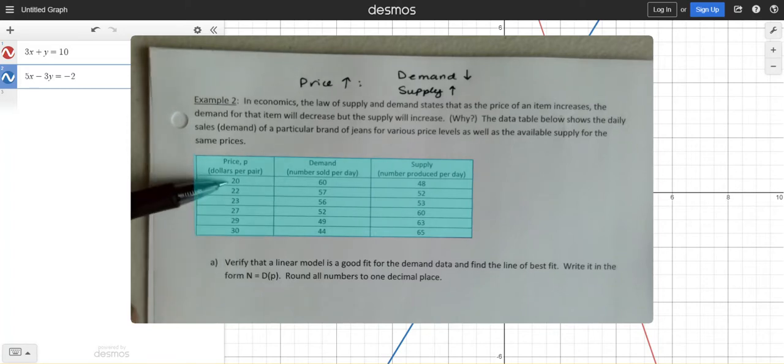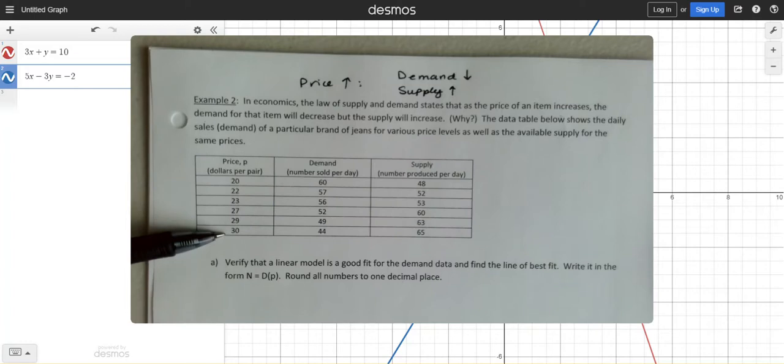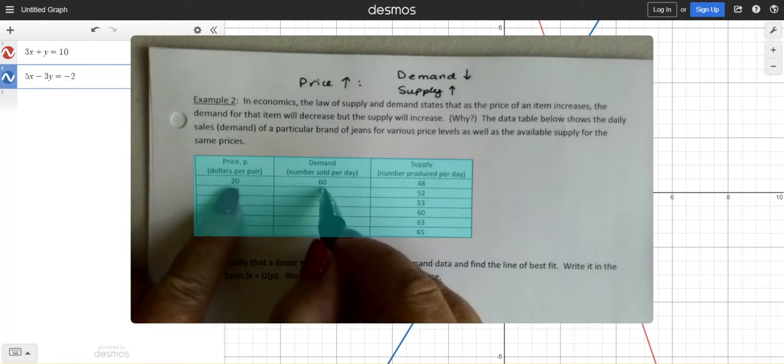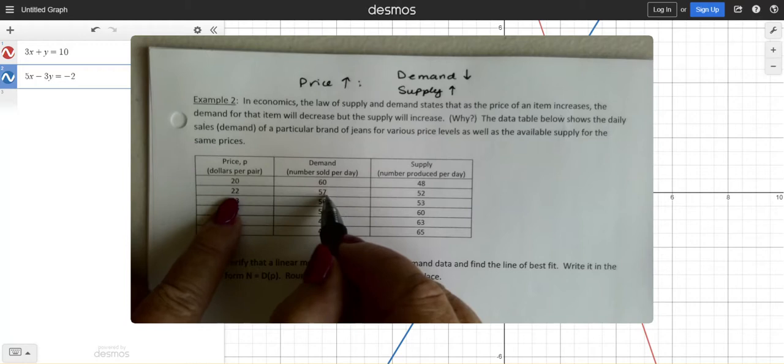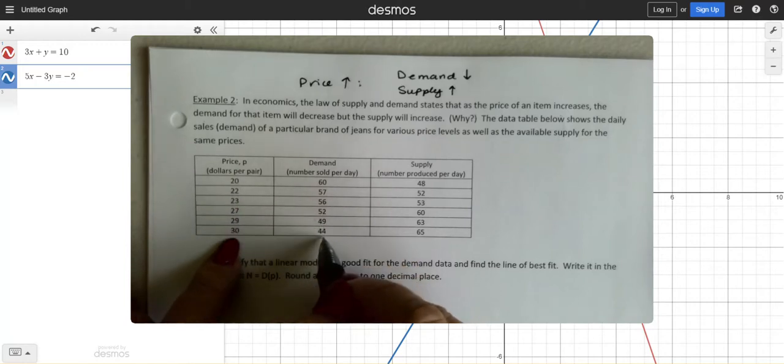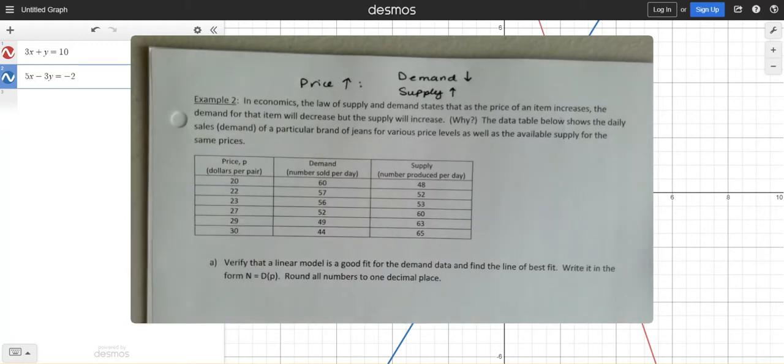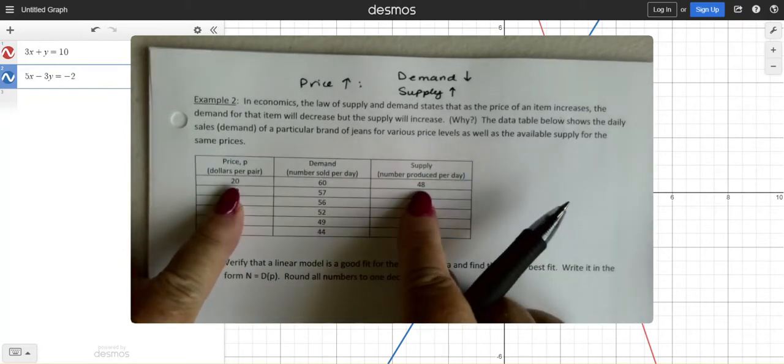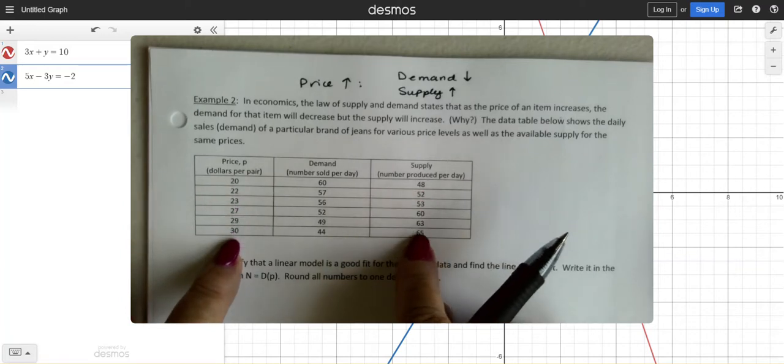So if we are pricing our jeans between $20 and $30, pretty cheap jeans, you can see that the number sold per day is 60 when they're relatively inexpensive at $20 a pair, but as the price goes up, fewer people are buying them. Now, from the point of view of the manufacturer, when they were only making $20 a pair, they were willing to produce 48 pairs a day. But as the price went up, they said, hey, I'm going to make more of these things because they're making me more money. So supply went up.